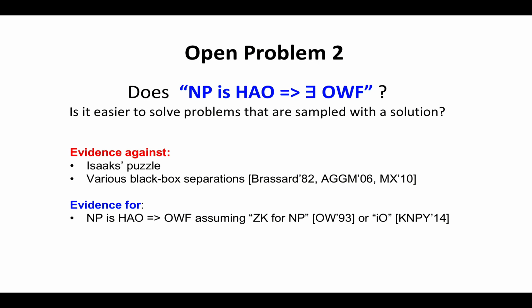And you can also base it on indistinguishability obfuscation. Both of these two things are kind of orthogonal to NP being hard on average. In particular, if NP is equal to P, zero knowledge for NP exists trivially. So we have some assumptions that are believable under which this implication is true.